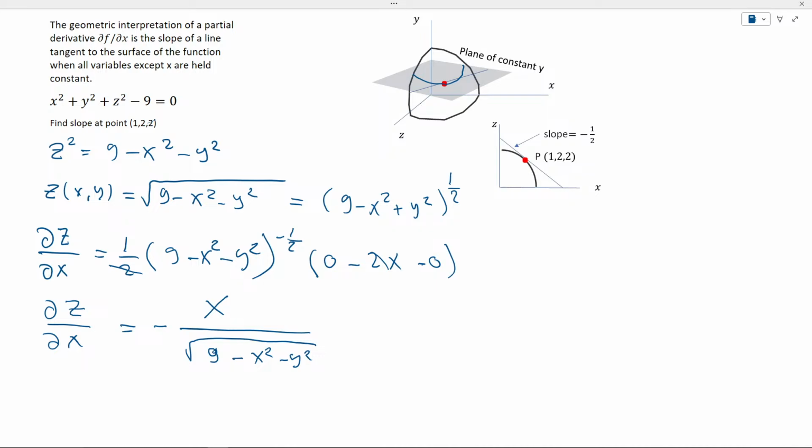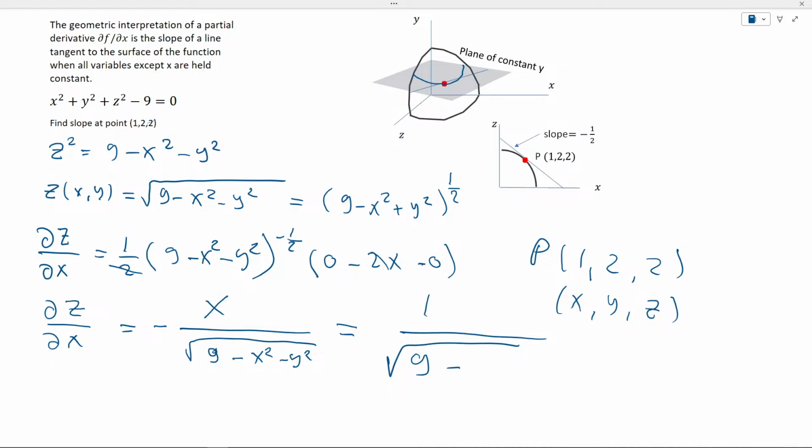So if I want to find the slope at this point, that becomes easy. I just substitute for this point. My point is 1, 2, and 2, so that's my x, y, and z here. I substitute my x equal to 1, square root of 9 minus 1 square minus 2 square, that's 4.